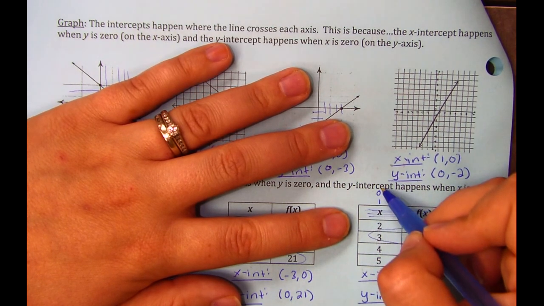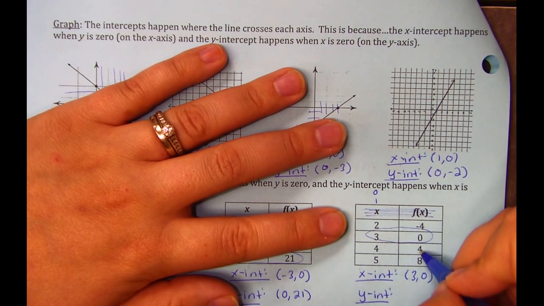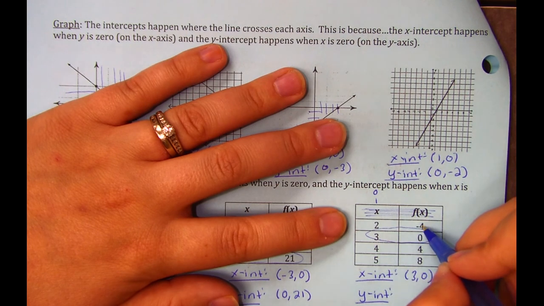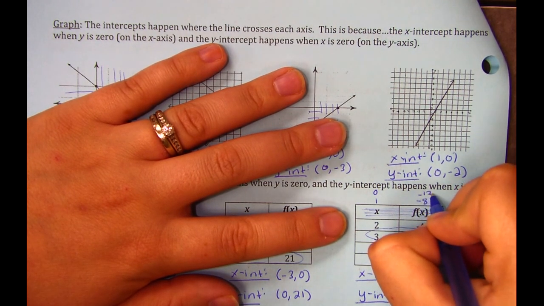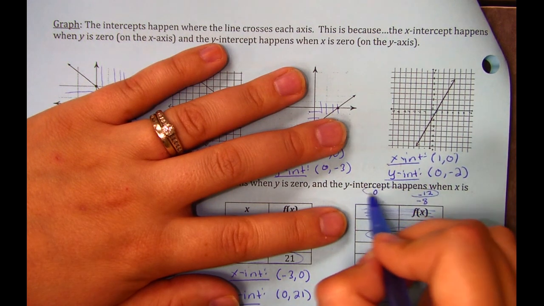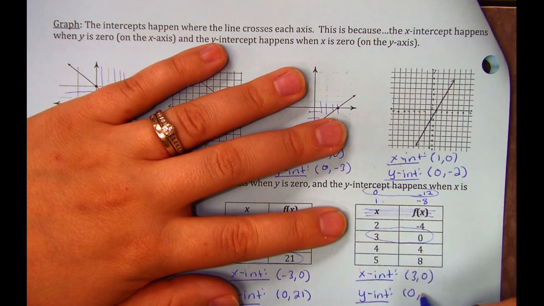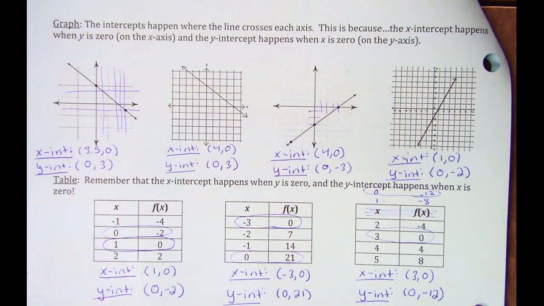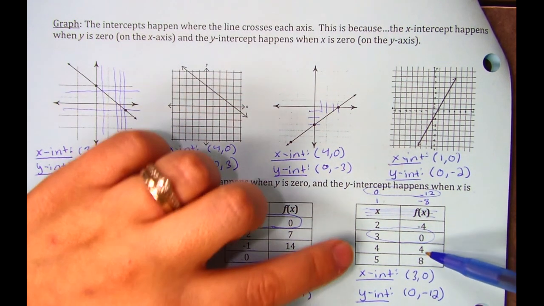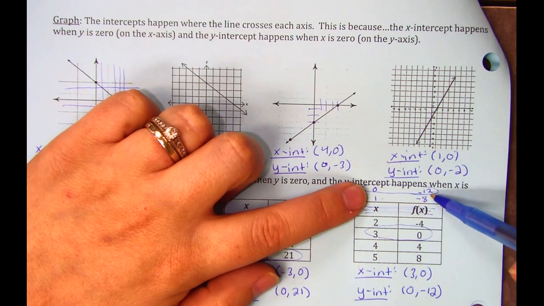So to keep our pattern going up, 8, 4, 0, negative 4. I'm subtracting 4 each time, so it would go negative 8, negative 12. So it's 0, negative 12. My y-intercept wasn't listed on this table, so I just had to continue the pattern until I got to the place where x was 0.